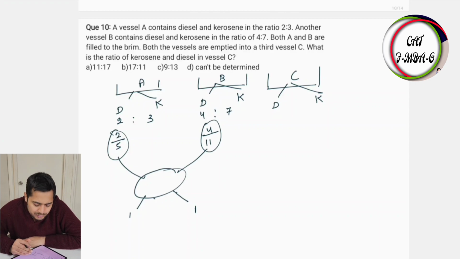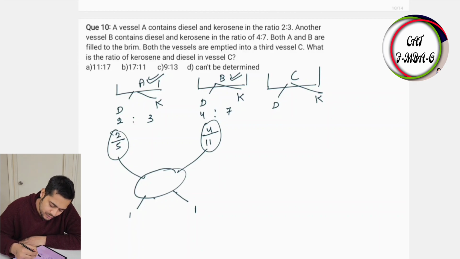The problem here is you do not know the volume of A, you do not know the volume of B, and neither are they equal. So the answer is cannot be determined. In these kinds of questions, the volume should be known. Then only you can find out the proportion in the final mixture in terms of that volume. Here volume is not known, so the answer is cannot be determined.